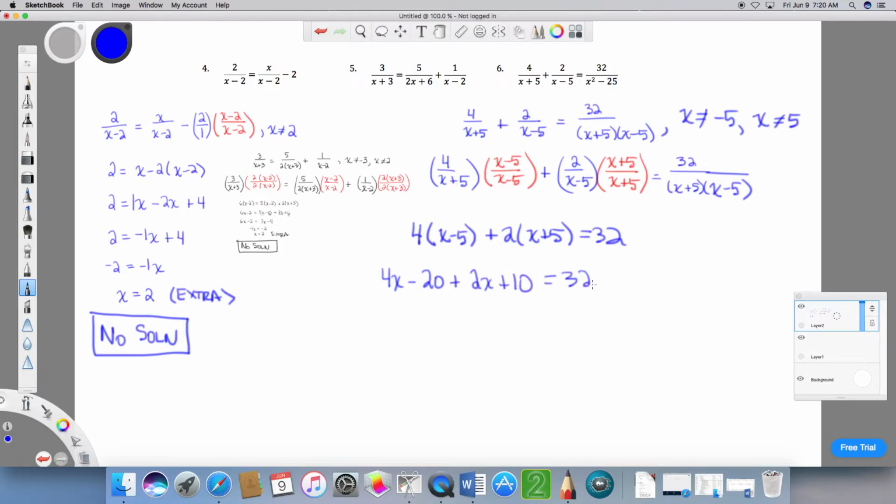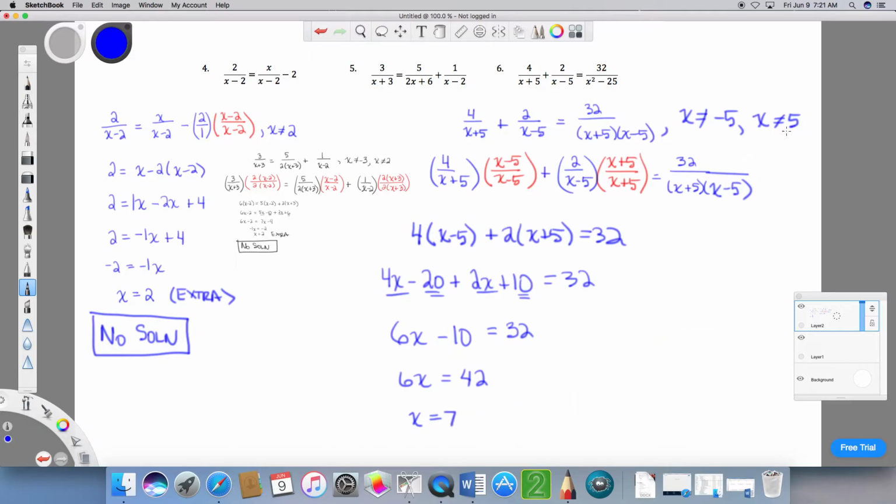And now we combine like terms. You just have to be careful and not make arithmetic errors. Add 10 to each side, and divide each side by the coefficient in front of x, which is 6, and we have that x is equal to 7.